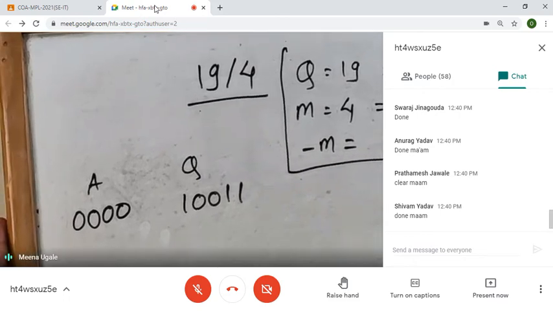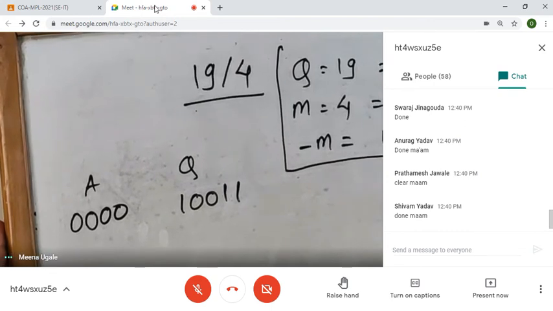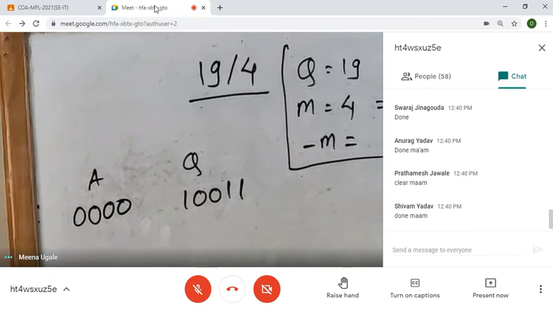Now you need to conduct 5 cycles here. To start solving, if you want, I will just write down the first, second, third cycle results. These are my initial values.